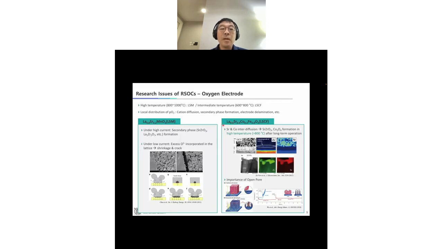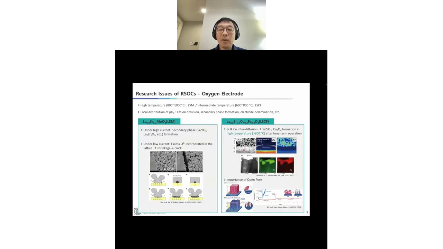Strontium or cobalt diffuses and reacts with the zirconia-based electrolyte, and they form an unwanted phase, which breaks down the operation of these solid oxide cells. This phase change and secondary phase formation usually happens at high temperature, around 800 Celsius and over.